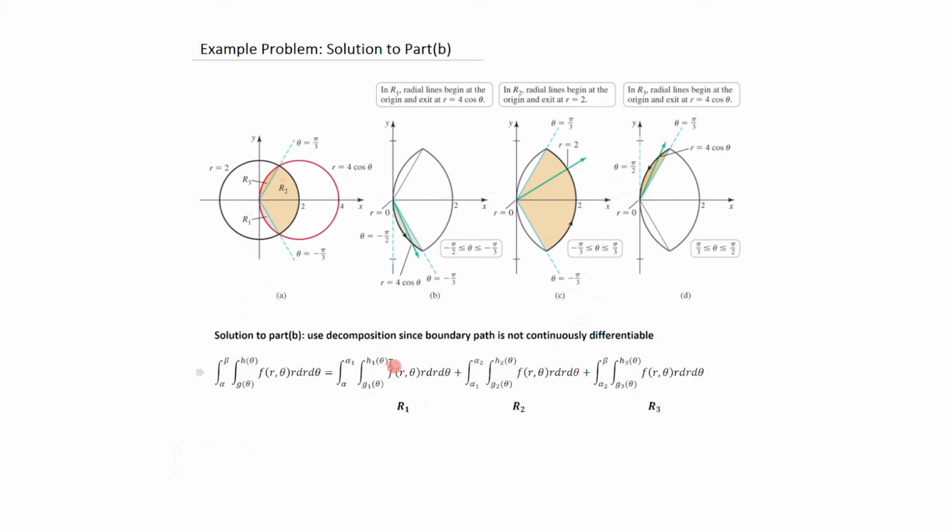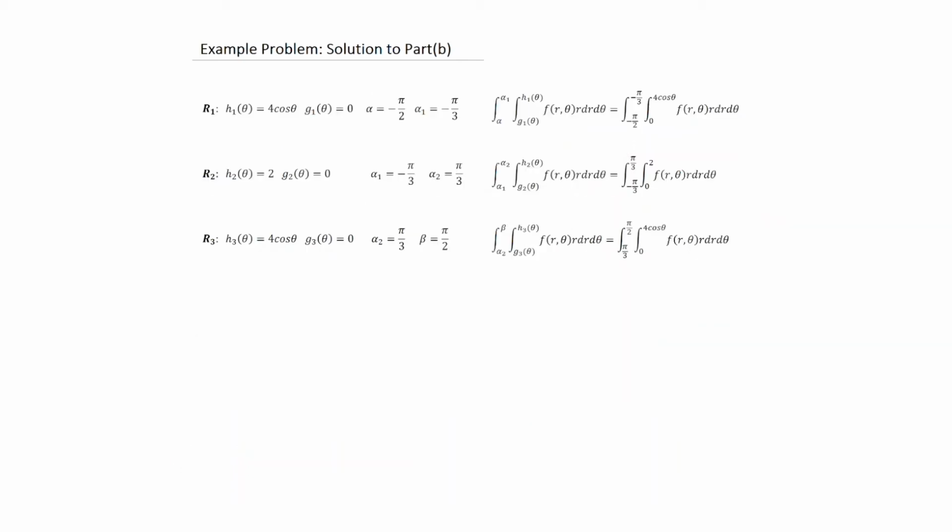As far as the inner bounds, which are radius, when we're looking at this portion of the curve, we're looking at the portion of r equals 4 cos theta. When we're going from here to here, we're dealing with r equals 2. And when we're going from here to here, again, we're dealing with r equals 4 cos theta. So putting everything together, we can write things out in the form shown here.